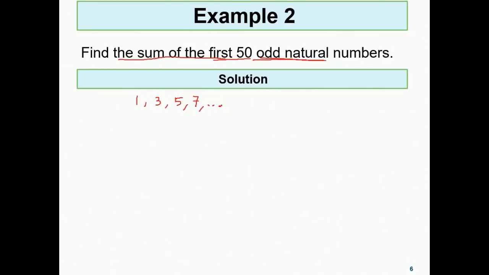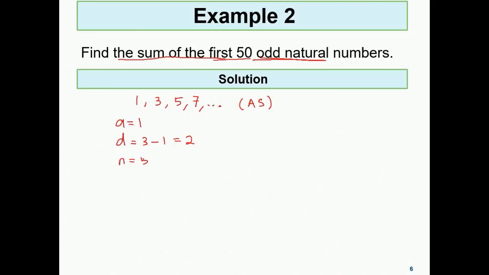It is clearly an arithmetic sequence because every number increases by 2. From this list, we have a equals 1, d equals 3 minus 1, which equals 2. So how many numbers do we want to find? 50 numbers.